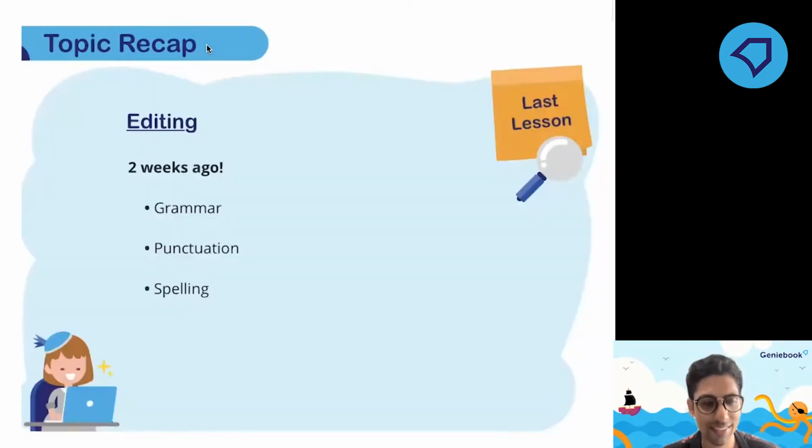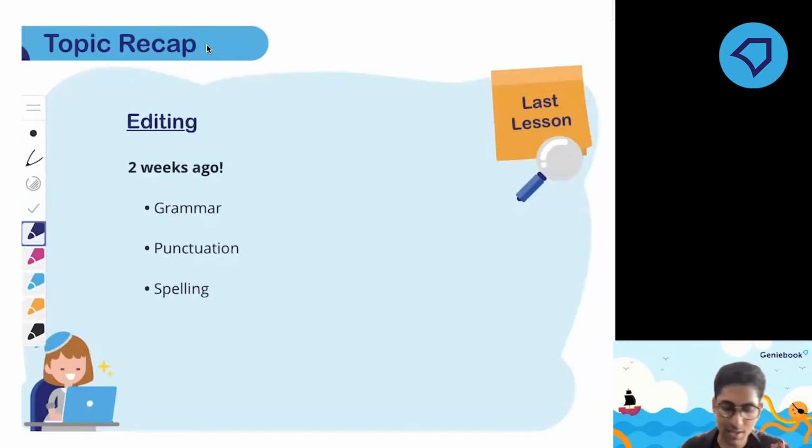Today we're back. And the last time I taught you, we did editing. GPS, or in my other class, I said GSP, whatever. Grammar, which means we looked at things like SVA, subject-verb agreement. We look at things like tenses.